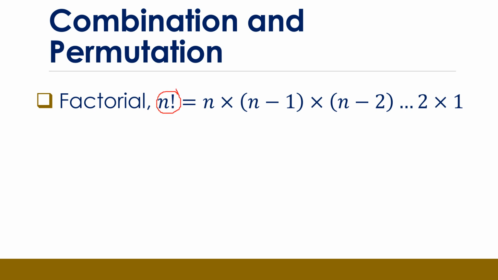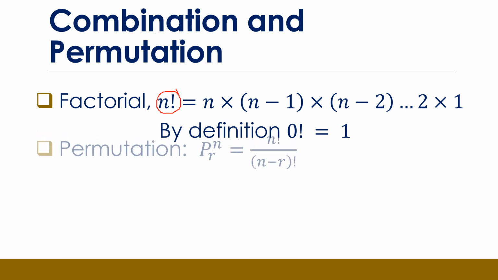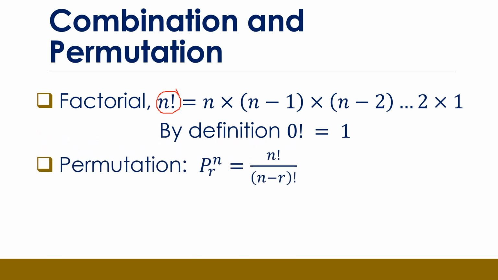Now, by definition, 0 factorial is equal to 1. The number of ways of arranging r distinct objects with no repetition drawn from a set of n distinct objects is given by n permutation r.